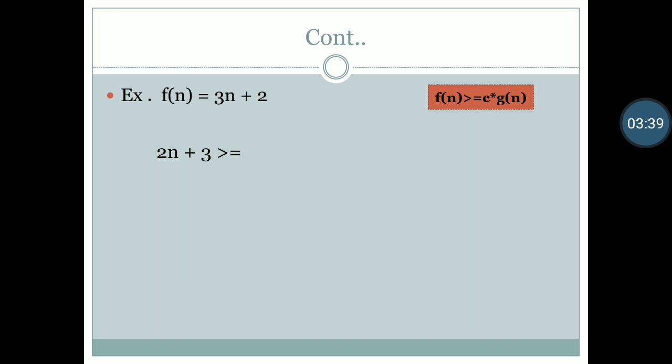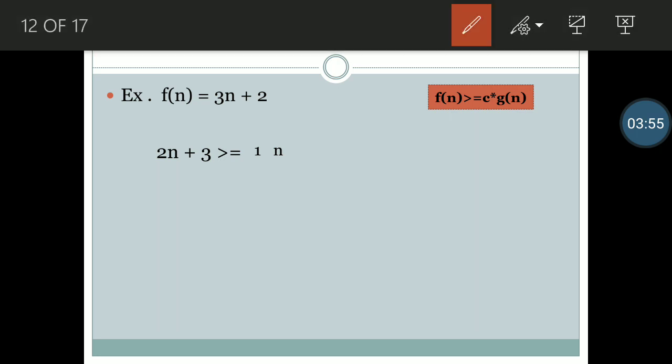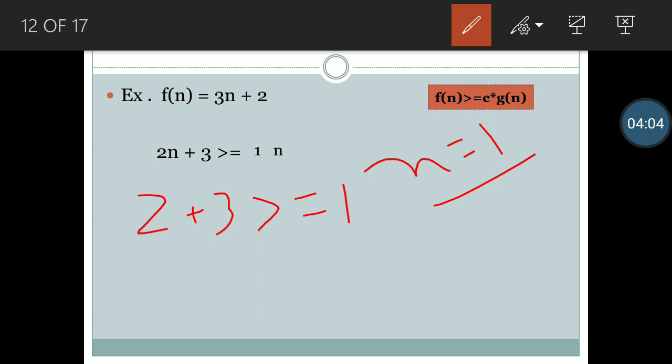So for this we have taken 1n, where 1 is our c and n is our g(n). Let's check with n = 1. Here 3 + 2 ≥ 1. That is true, because 5 ≥ 1, so the condition holds.